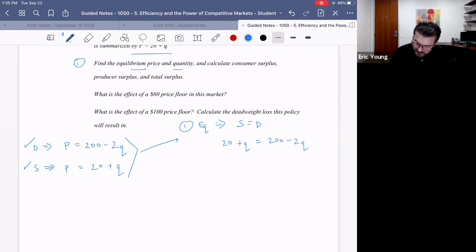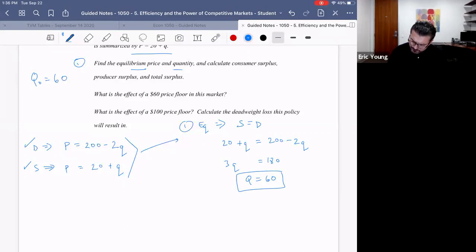If you tweak those around a little bit, you would find that 3Q equals 180, and therefore Q equals 60. The equilibrium quantity, 60. Now, we've got to get the price. That's easy.